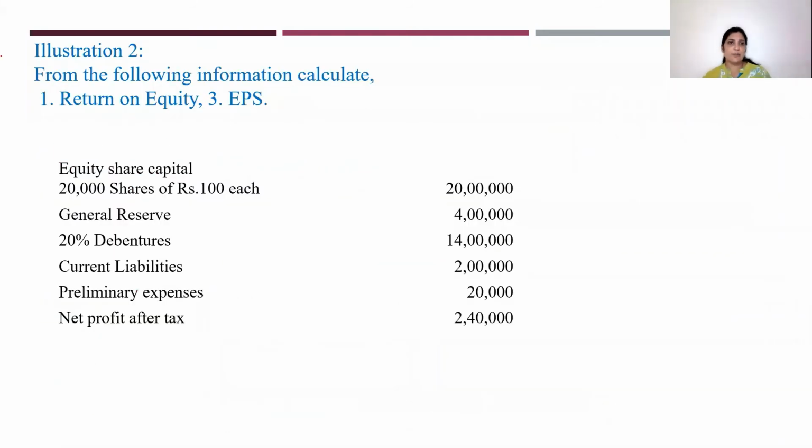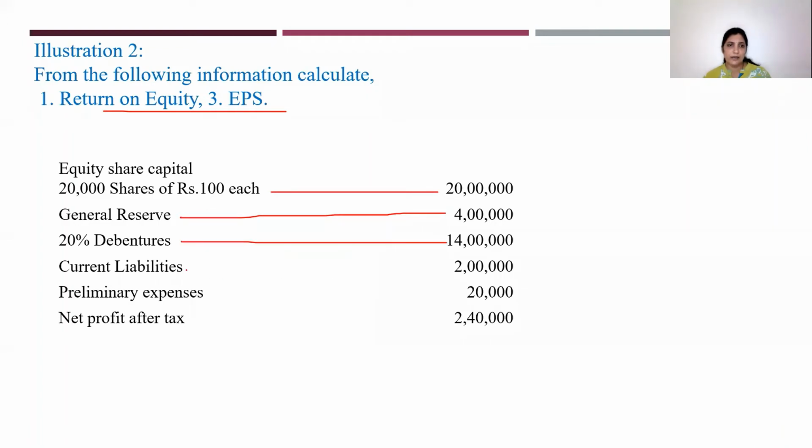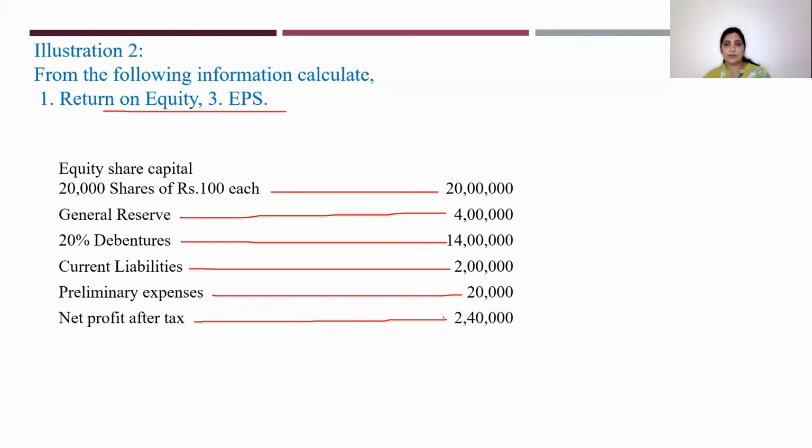Let us do one problem on this. From the following information, calculate, I have taken both over here, return on equity and EPS. Equity share capital, 20,000 shares of rupees 100 each is 20 lakhs. General reserve 4 lakhs, 20% debentures 14 lakhs, current liabilities 2 lakhs, preliminary expenses 20,000, and net profit after tax is 2,40,000.